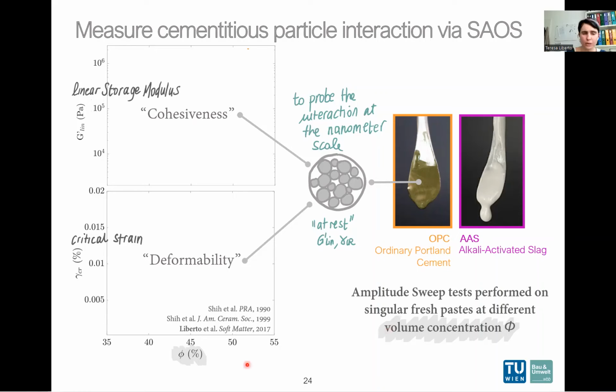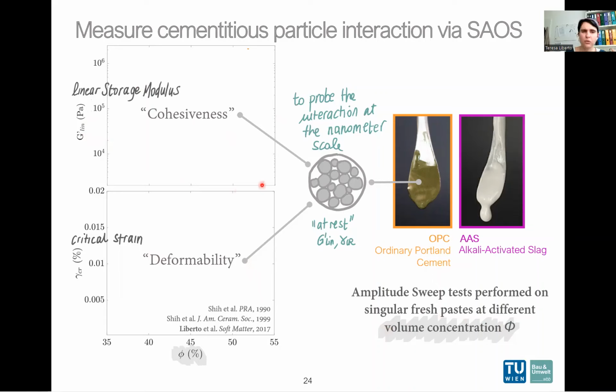Each point you will see is a different single test, repeated 3 or 4 times, that gives you an idea how the deformability and cohesiveness evolve with the volume concentration.